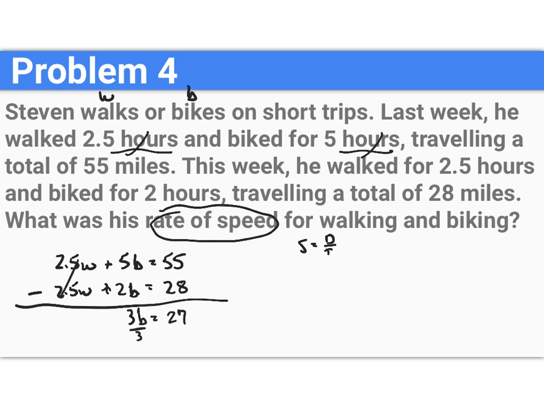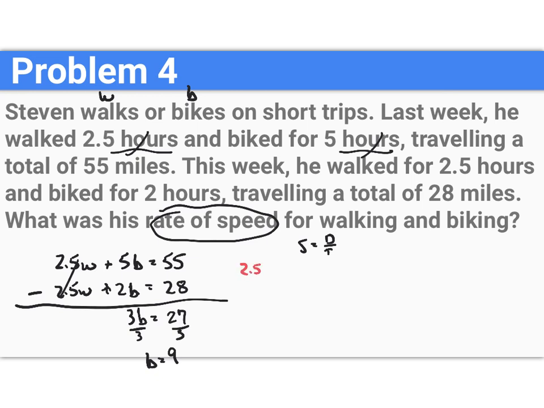Divide by 3. So biked equals 9. Okay, so now we substitute this into both equations.